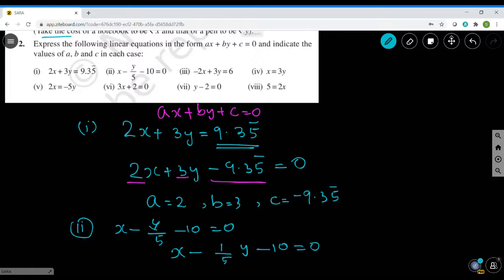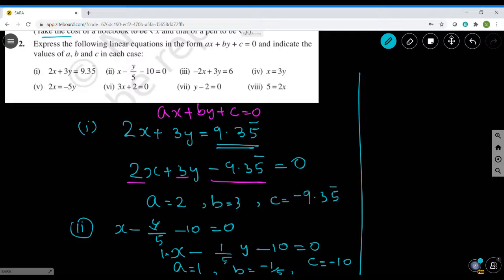Here you cannot see any coefficient, that means 1 times x. So a will be 1, b is equal to minus 1 by 5 and c is equal to minus 10. That's the second answer.